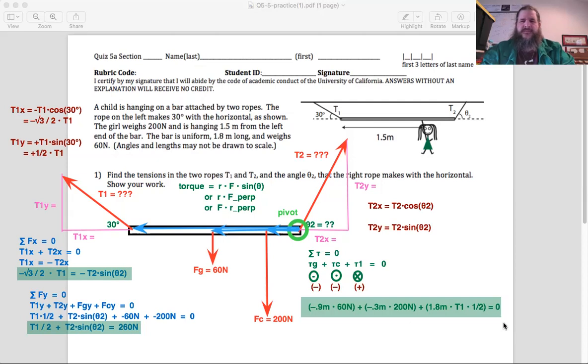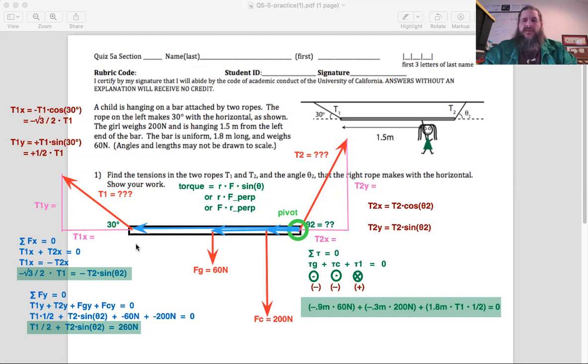Oh, because there's no torque at that point, since that's our reference. Exactly. And that was our choice, by the way. We chose to call that location the pivot point. Ultimately, this is why that was a good choice. Because choosing this location with lots of unknowns as our pivot point means none of those unknowns show up in the equation. The only unknown that does show up is the unknown tension from the other side of the bar.